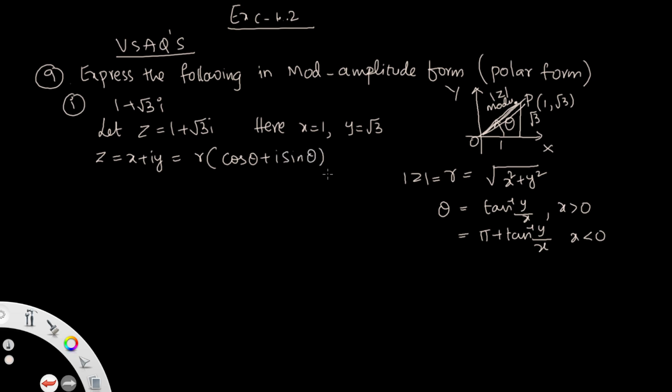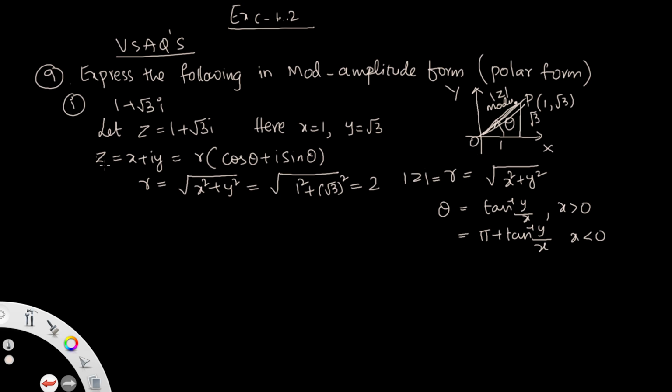Here r equals root over x square plus y square, that is root of 1 square plus root 3 whole square, that is 1 plus 3, that is 4. Root 4 is 2. So the distance from the origin to the point 1 comma root 3 is 2 units.